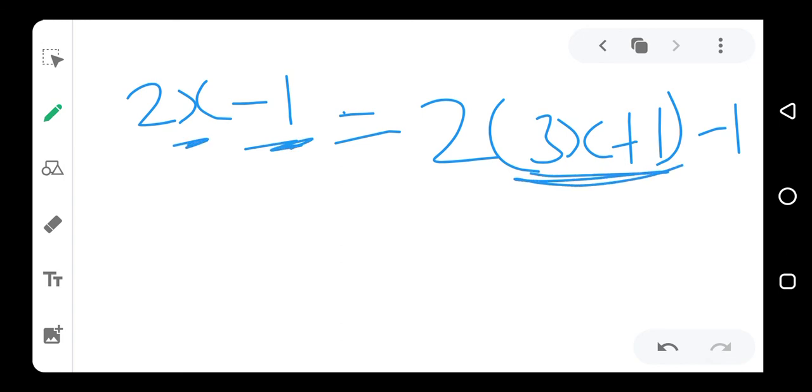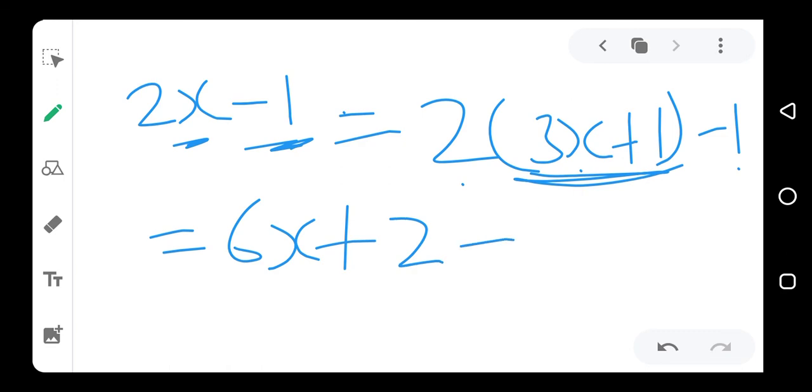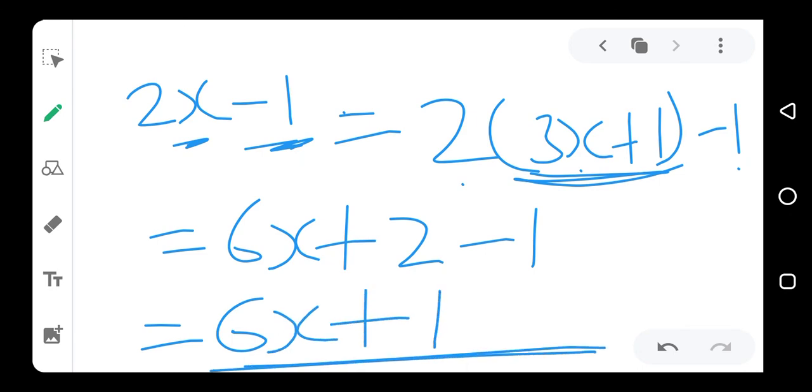So it becomes 2 times this. 2 times 3x is 6x, plus 2 minus 1, which gives us 6x plus 1. So this is the final answer. So this is how to solve composite mapping.